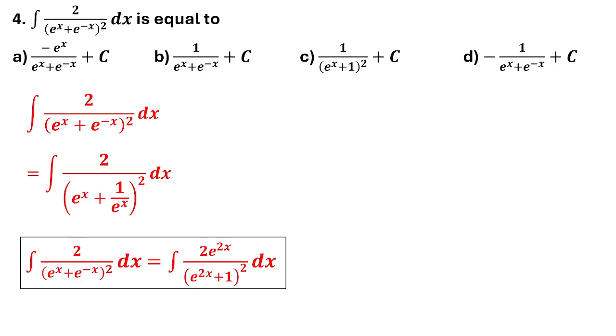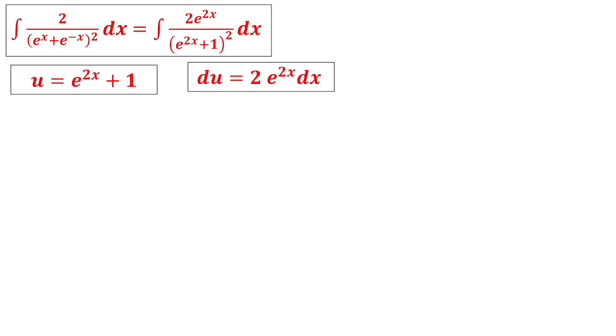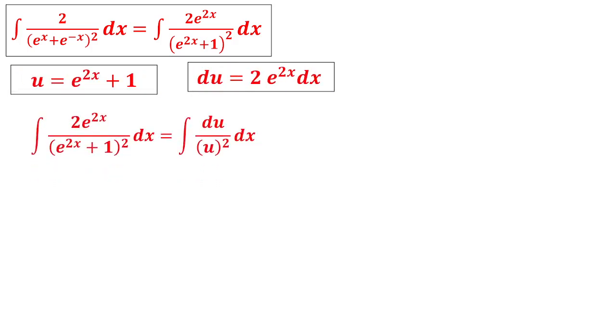Now you see that the differentiation of e power 2x plus 1 is in the numerator. But I can tackle this problem by means of substitution. I am substituting. Now the integral becomes du by u square, which is nothing but minus 1 by u plus c. But remember, this answer which you are getting is not in any of the options.